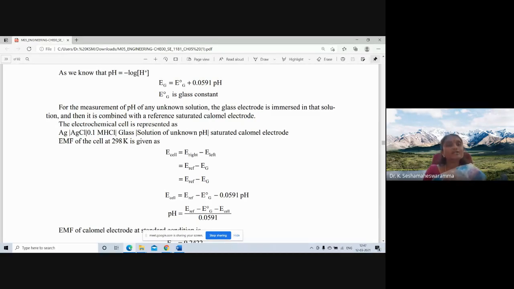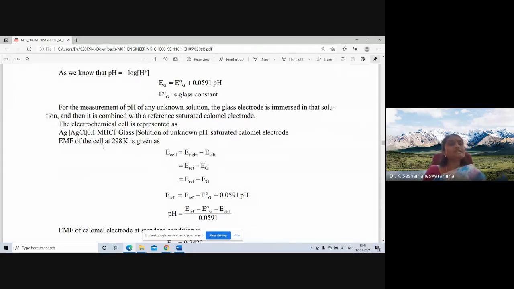Hence, the electrochemical cell is represented as silver chloride, 0.1 M HCl, glass, solution of unknown pH / saturated calomel electrode.